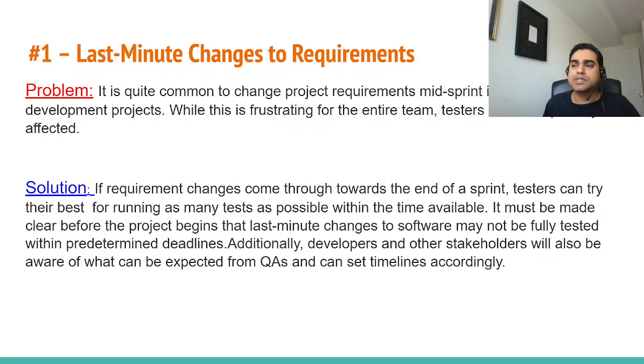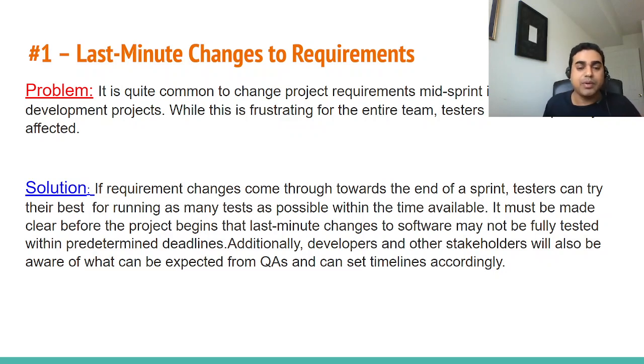So what would be the solution then? There is not much of a workaround if there is a tight deadline within which to deliver results. But testers must expect that this will occur frequently, especially in agile. If requirement changes come through towards the end of the sprint, testers can try their best.